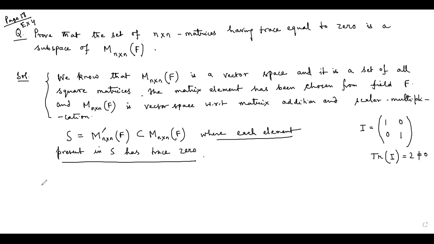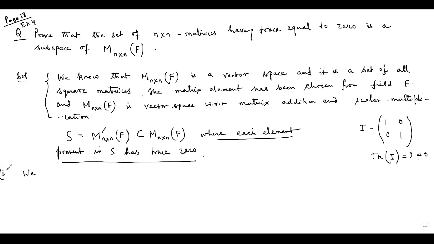If I stick to the statement of example 18 of the exercise, then first of all, we need to show that the zero vector of the vector space also belongs to the subspace, the subset.